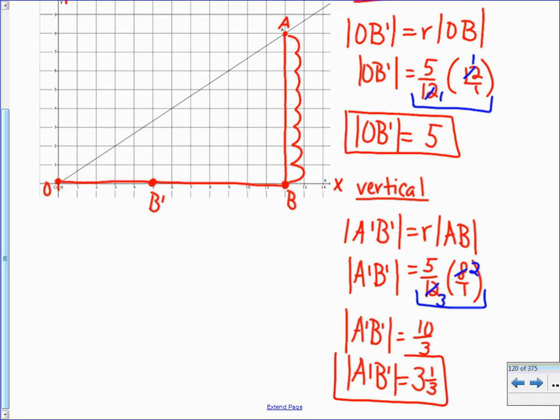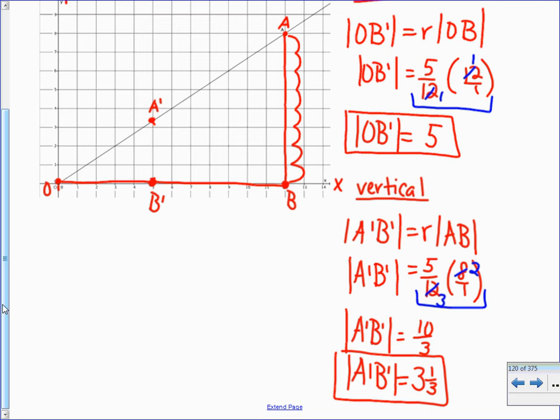Again, I'm converting it into a mixed number. So what that is telling me, when I look at the B prime, I have to now go 3 1/3 units up. 1, 2, 3, and a third. So A prime does work out to be exactly on that line from OA, and that agrees to the formula that I have.